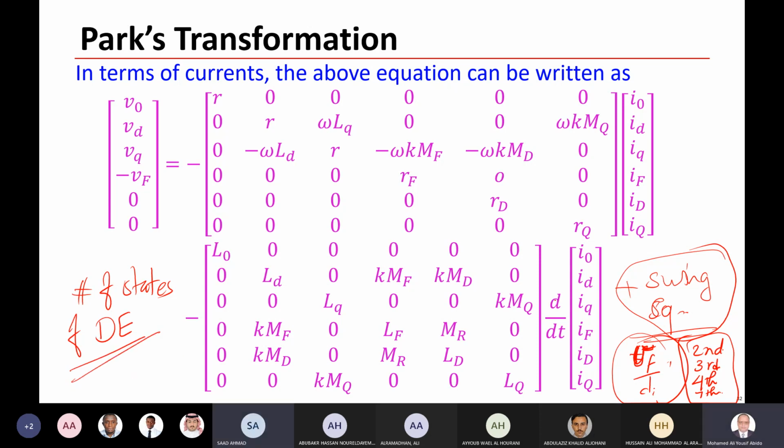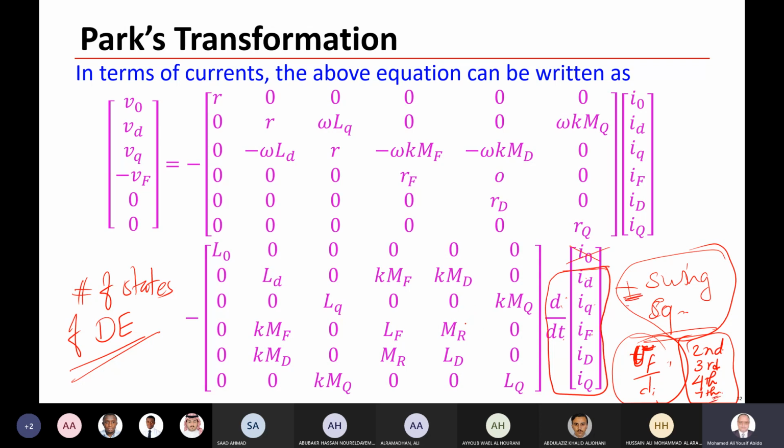We have here did by dt, diq by dt, dif by dt, and so on. As we mentioned, this is isolated. We will not consider the stationary reference. So we have 5 states here, in addition to the swing equation. So it becomes the 7th order model.